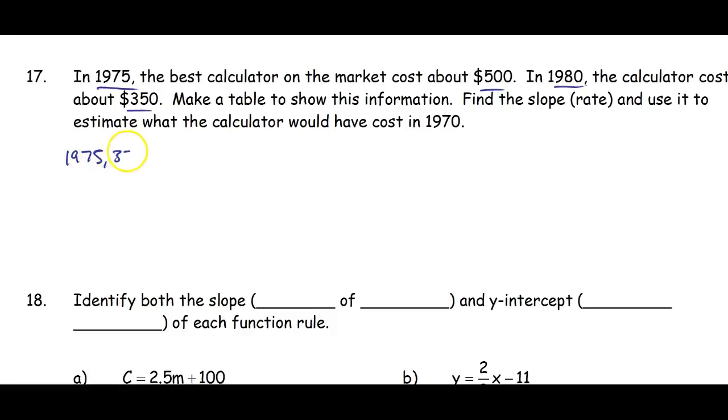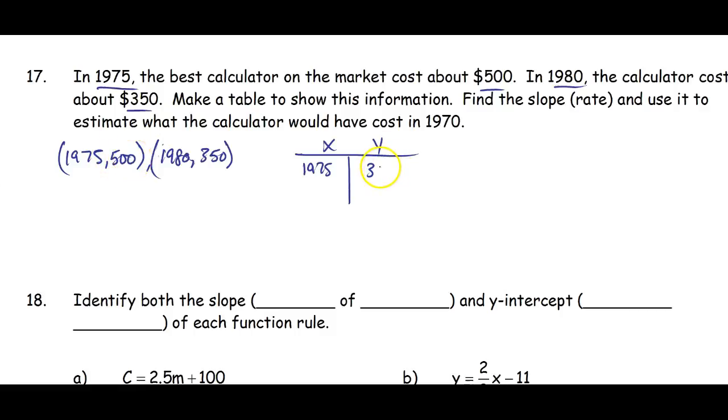1975 and 350. And you have 1980 and 350. So go ahead and make your table, X and Y. Okay, 1975 and 300. Oh, I'm sorry, this one should have been 500.